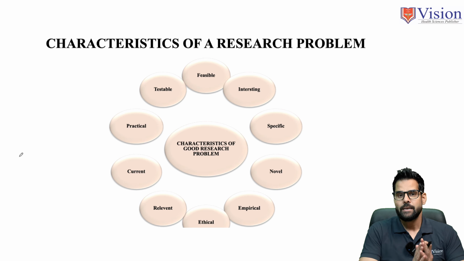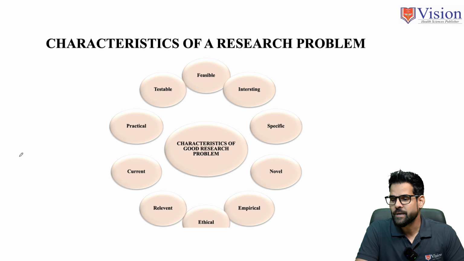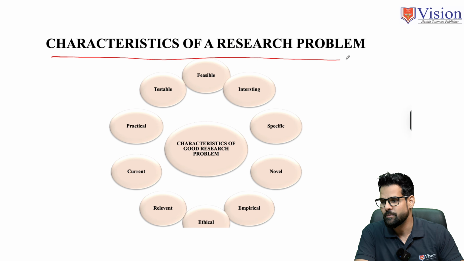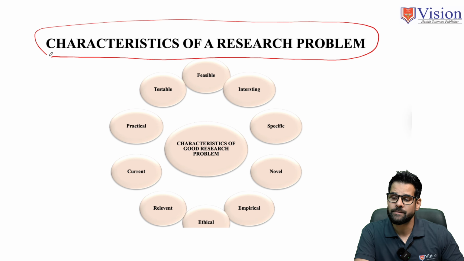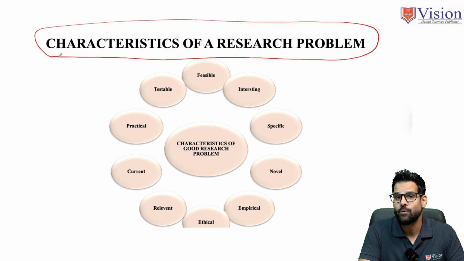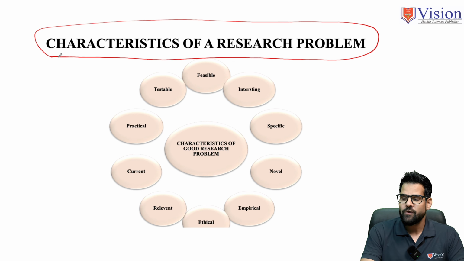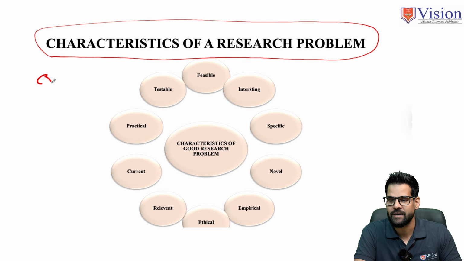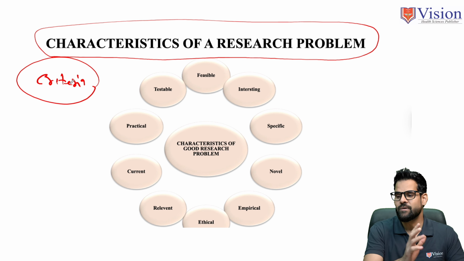Next, a very important topic we'll discuss is the characteristics of the research problem. Now it is clear what a research statement is, what exactly the meaning of that is, and how we get it from various sources. Whenever you talk about a research problem, what is supposed to be part of the characteristics of a good research, or, as it is given in your syllabus, the criteria.